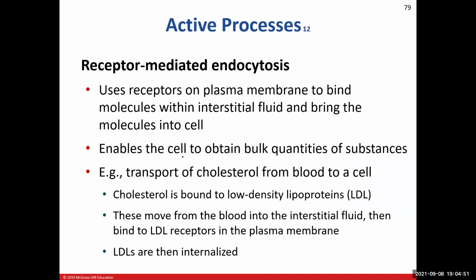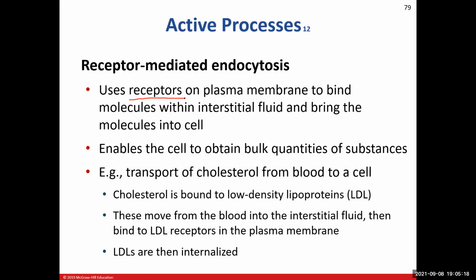But basically what happens is on our plasma membrane, we have these receptors. And those receptors are specific for a certain type of molecule that's going to be in the interstitial fluid. So maybe something in the blood leaves the blood, moves into the interstitial fluid, and then it's going to come close to the cell and bind onto the receptor there.